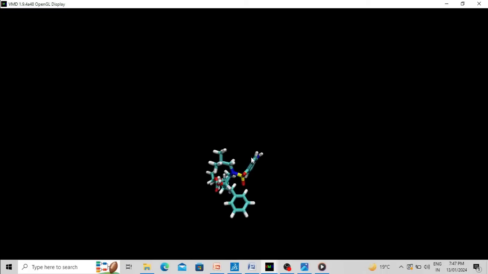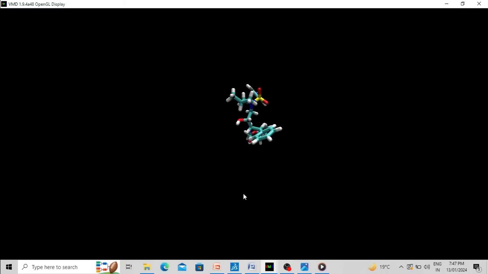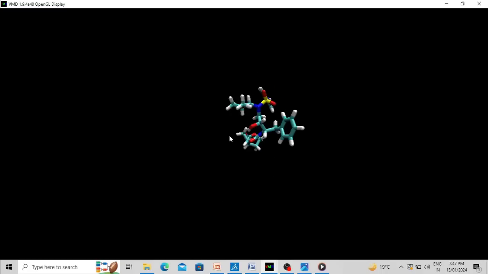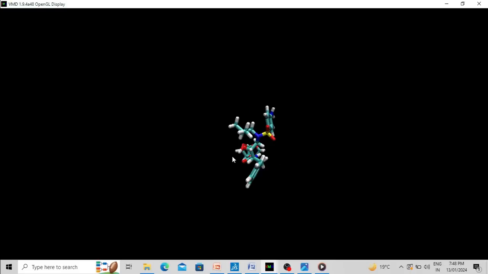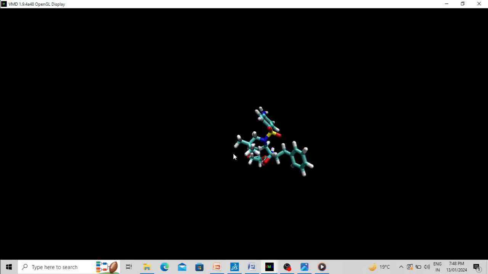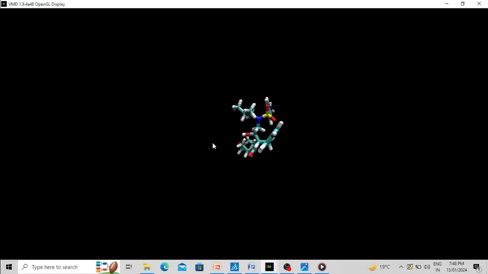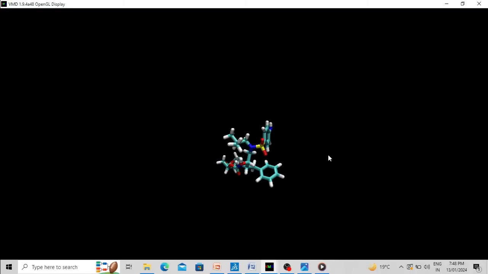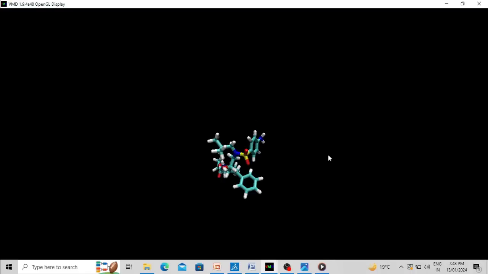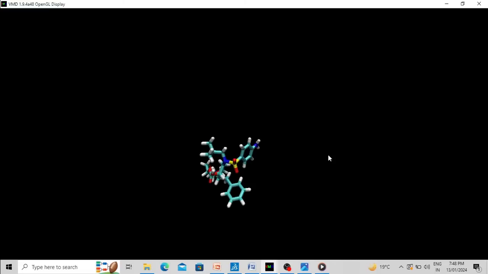You can see here, this ligand is continuously changing its position. That means its RMSD value is also changing. Okay, now we can plot these RMSD values to get a graph of the RMSD trajectory. And this RMSD trajectory graph is obtained in molecular dynamics simulation.